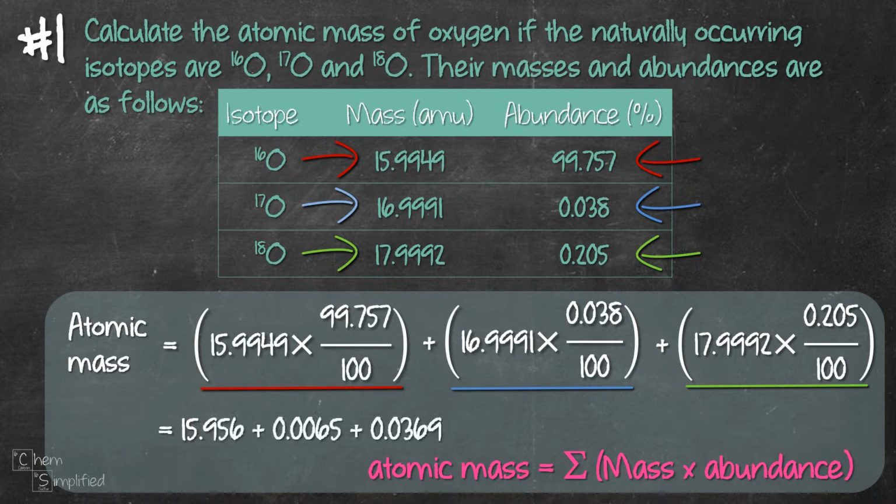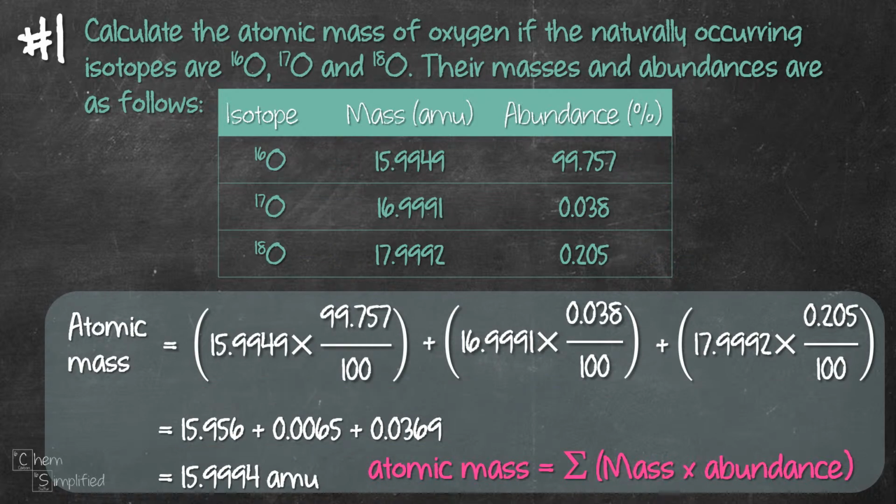And what we get is 15.956 for the first isotope, plus 0.0065 for the second isotope, plus 0.0369 for the third isotope. So we add them all up, and that will give us 15.9994. The unit here is AMU, which stands for atomic mass unit. Sometimes you'll only see U used as the unit, which represents just unit. So just go with whatever the question gives you.